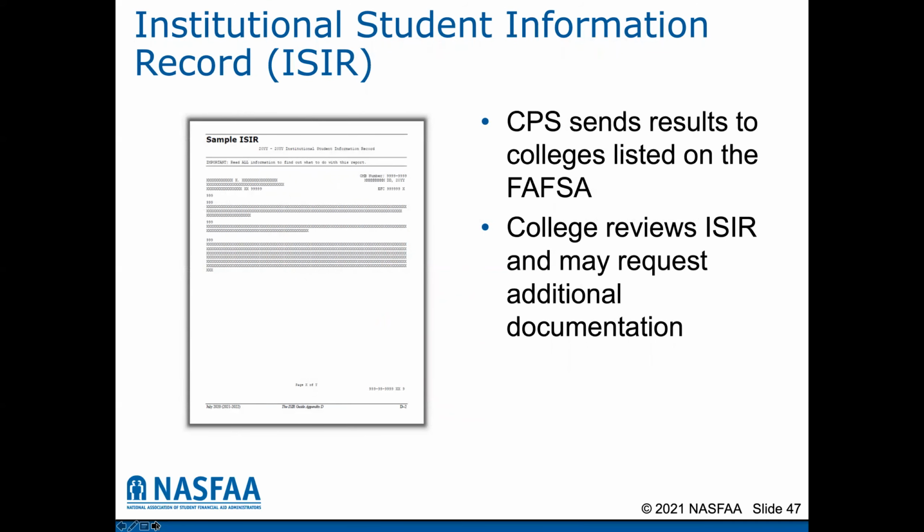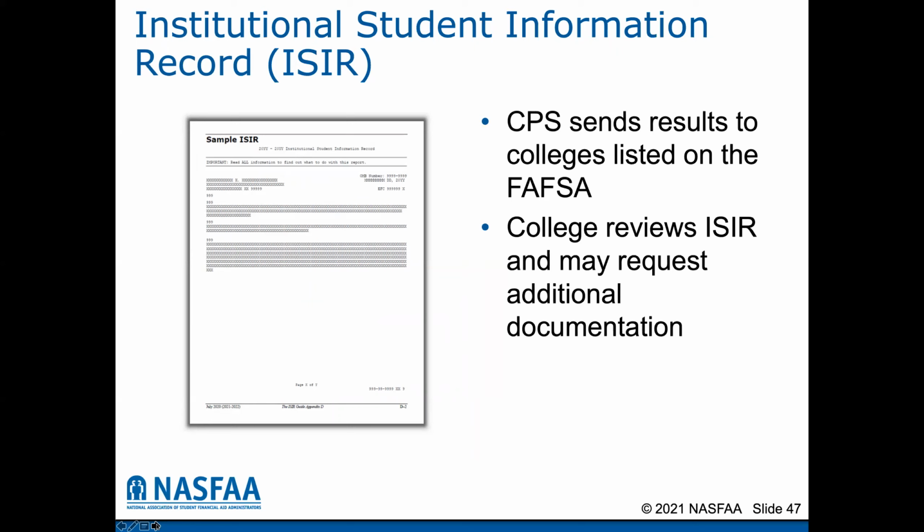The ISIR is what the colleges get from the central processing system. So when your FAFSA application is completed, the schools will get what's called an ISIR, which is the actual application, but on our end.